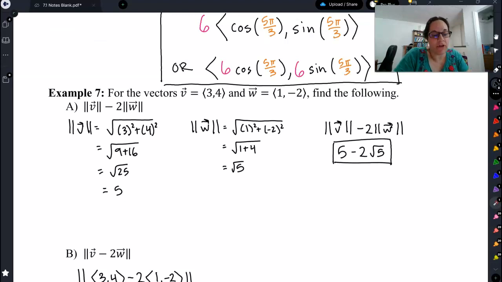Let's check your work on the first one. So I found the magnitude of vector V just using my R equation, got that to be 5. Found the magnitude of vector W using my R equation, got that to be square root of 5. Then I just plugged them into here, what we had. So I took the magnitude of V, which was 5, minus 2 times the magnitude of W, which was √5, and got my answer.